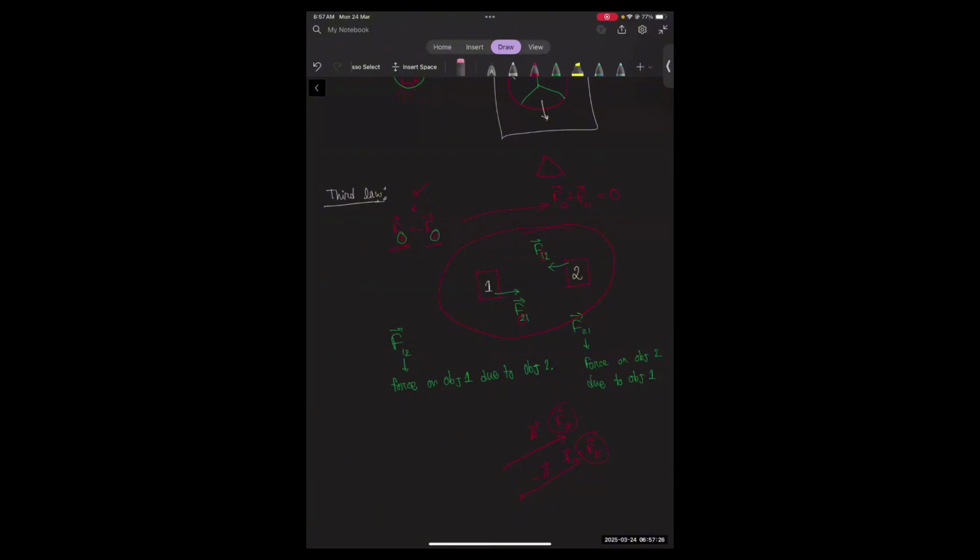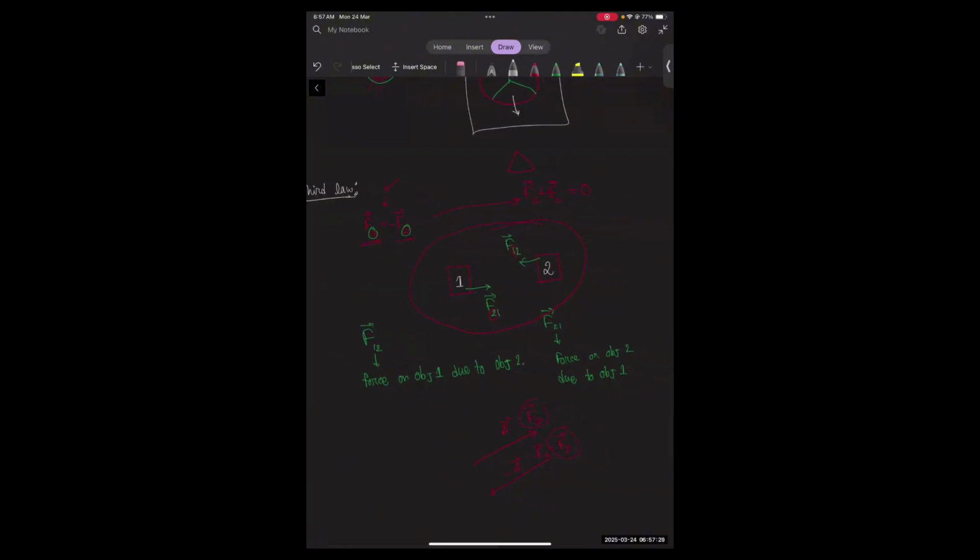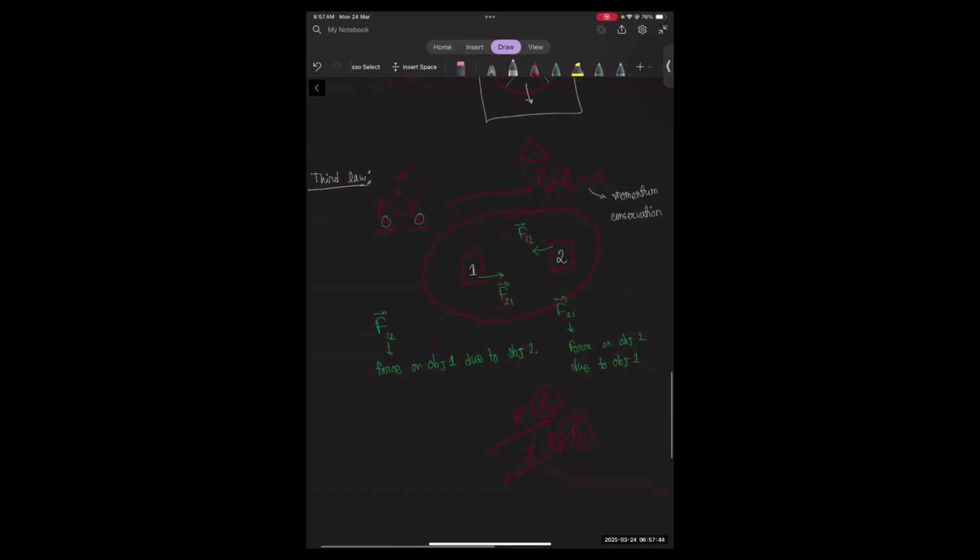And this you will see in work-energy or conservation laws. This eventually leads to momentum conservation. So the third law is actually the basis of momentum conservation. All right, but momentum conservation is not what we discussed today.